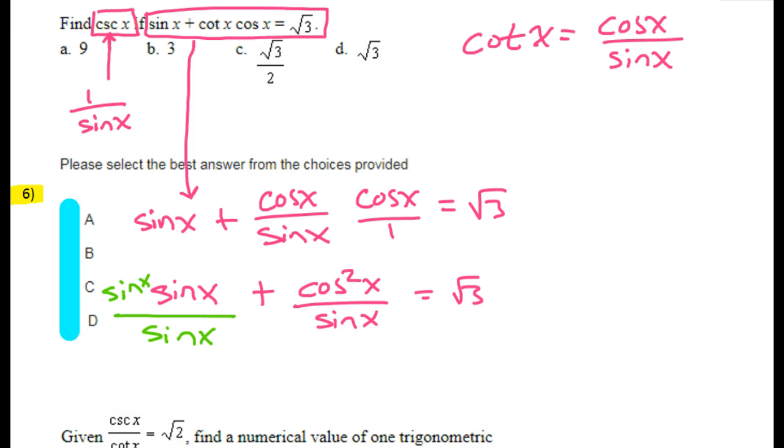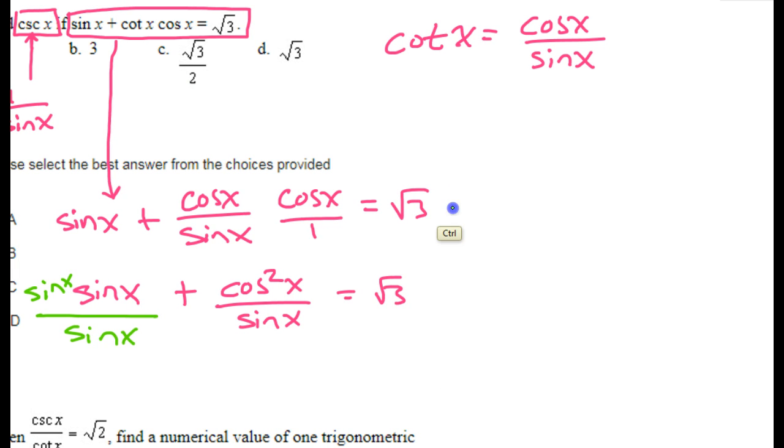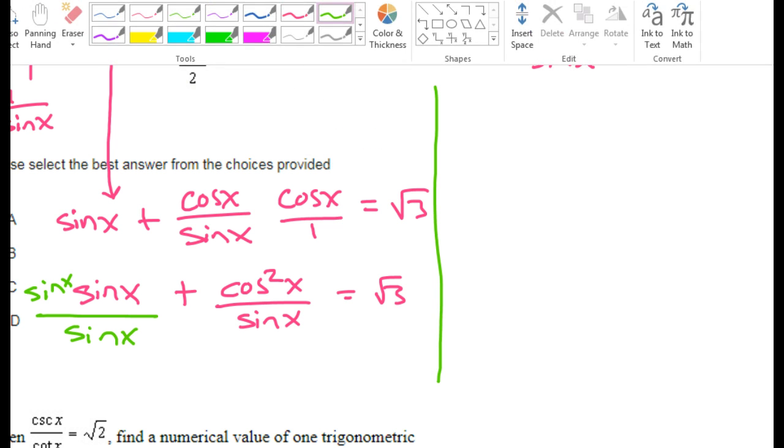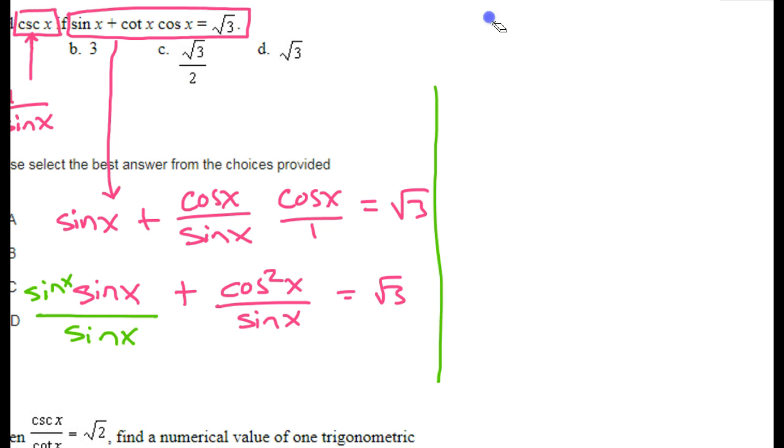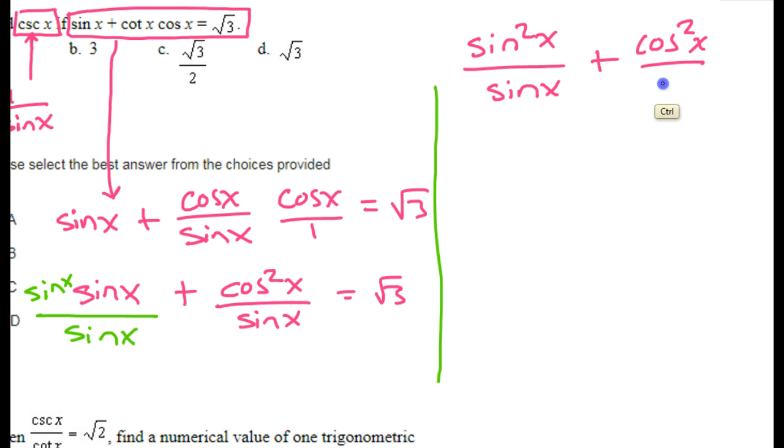Now let me give myself a little bit of space over here. I think I'll draw a line. In fact, I think I'll erase this. Okay, so let's keep going. Now sine x times sine x is sine squared x. So I've got sine squared x over sine x plus, and I'm just copying the rest of it, cosine squared x over sine x is equal to radical 3.